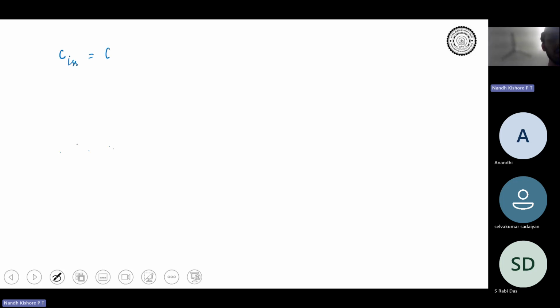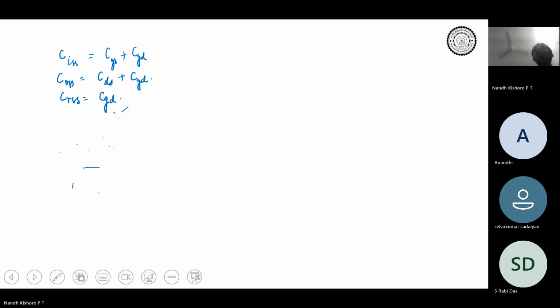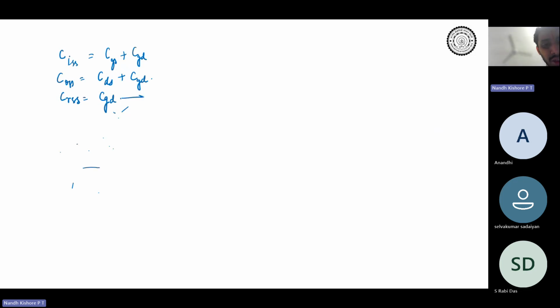CISS is CGS plus CGD, COSS is CDS plus CGD, and CRSS is equal to CGD, which is 19 picofarad.